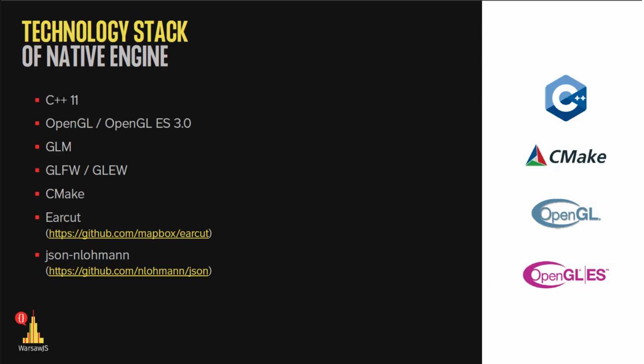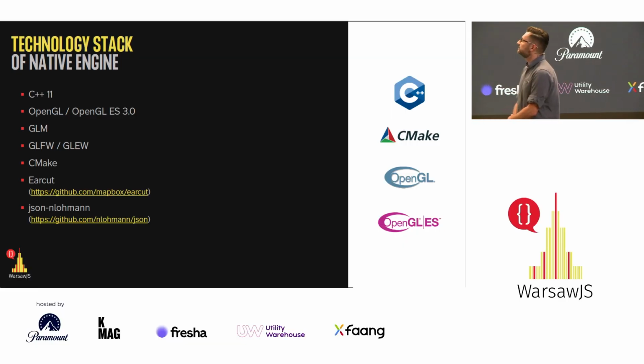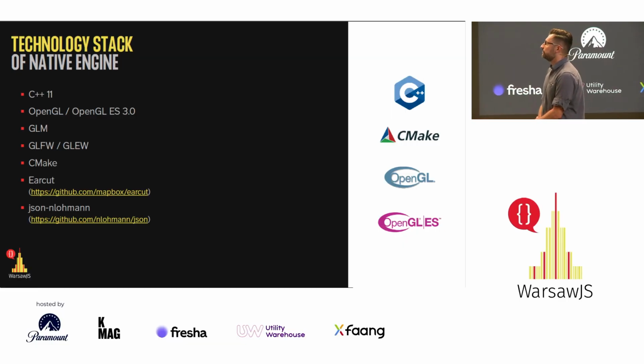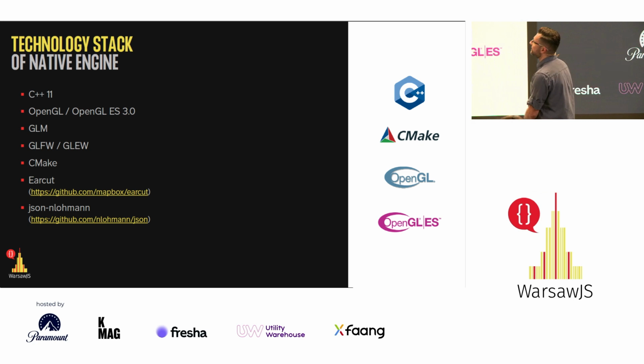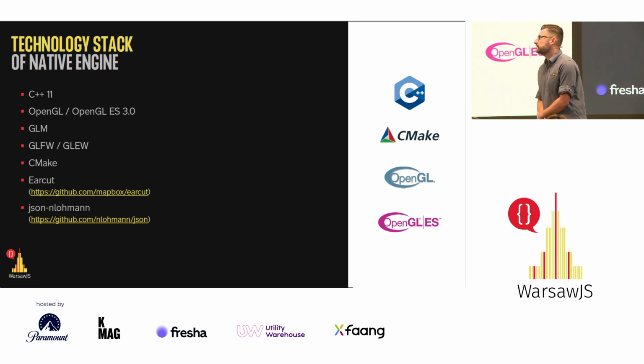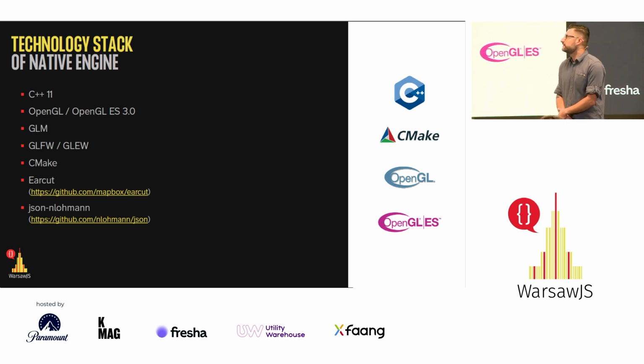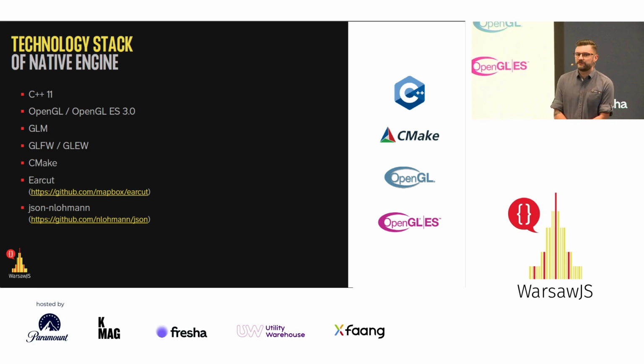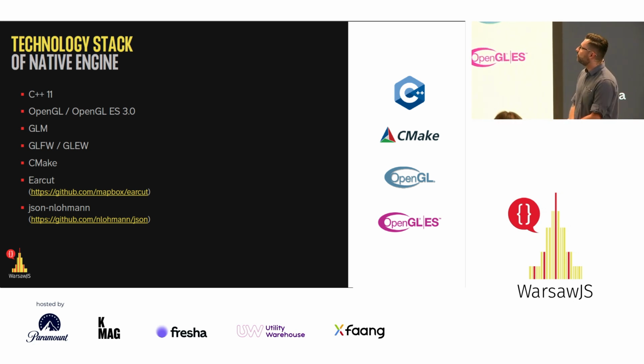Let's get back to the presentation. I will discuss the technology stack and architecture. So this is our stack of the engine. I'm using C++ standard 11. For the graphics pipeline, I have OpenGL and OpenGL ES 3.0.